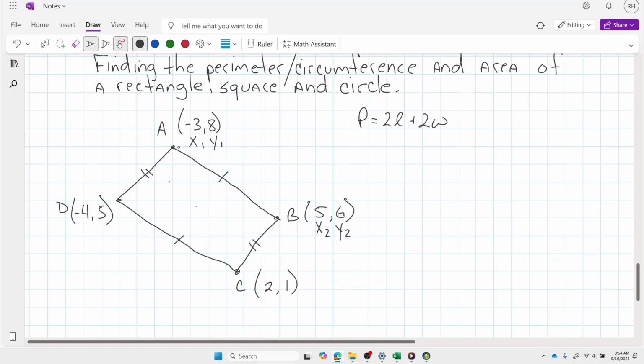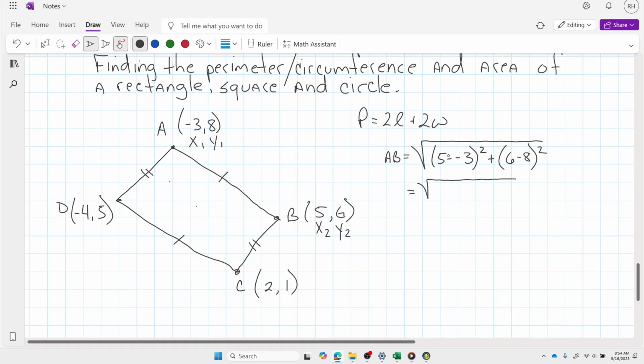And we need to find the distance from A to B. So AB is equal to the square root of x sub 2 minus x sub 1, so it's going to be 5 minus -3 squared plus y sub 2 minus y sub 1, so 6 minus 8 squared. And then we can do everything underneath the radical in the calculator.